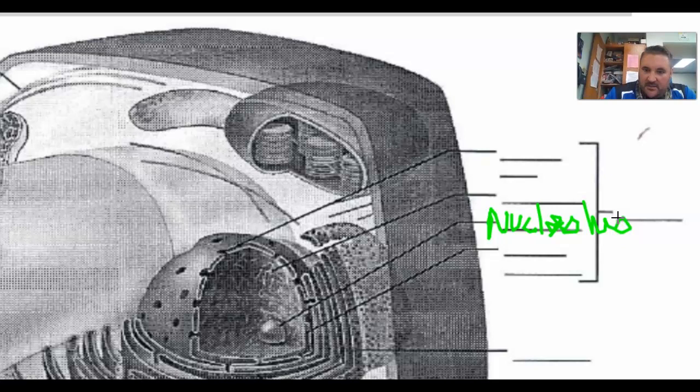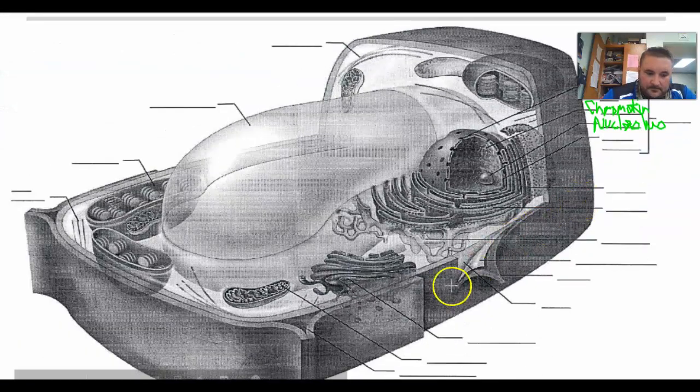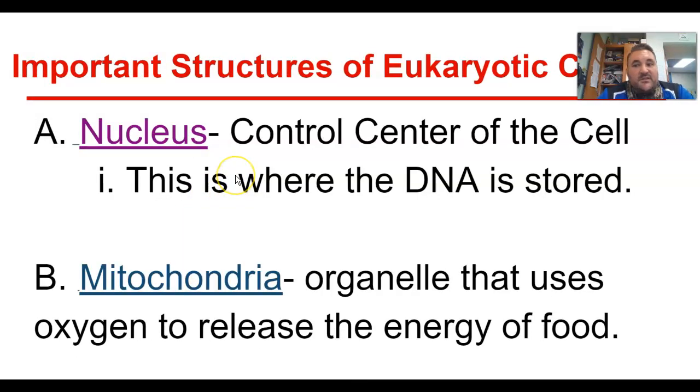And our chromatin. So the nucleus is the control center of the cell. If you have a nucleus, you are eukaryotic. You have a true nucleus. This is where your DNA is stored.